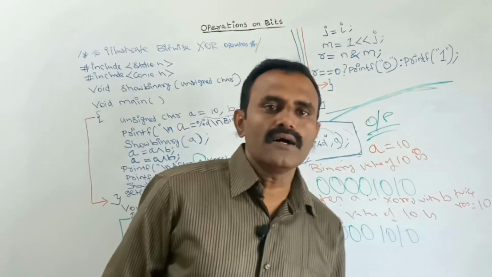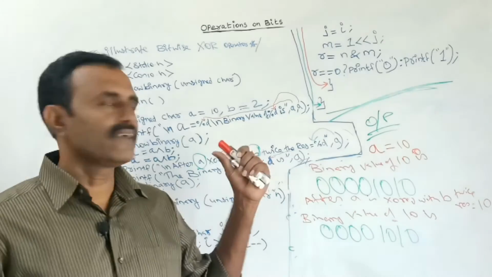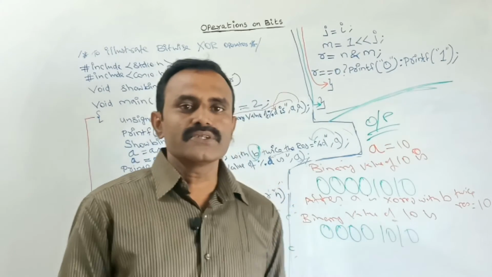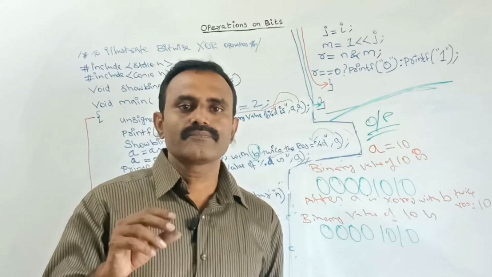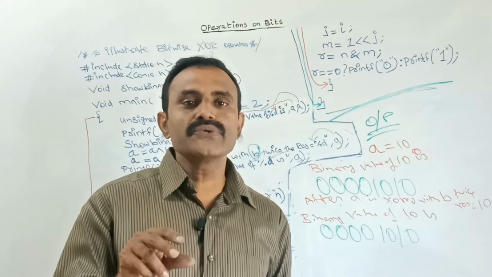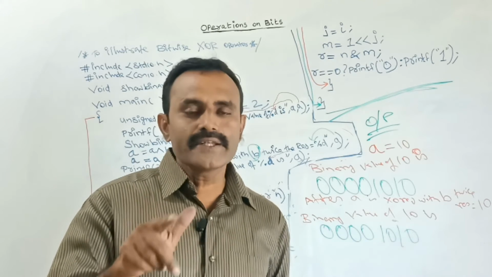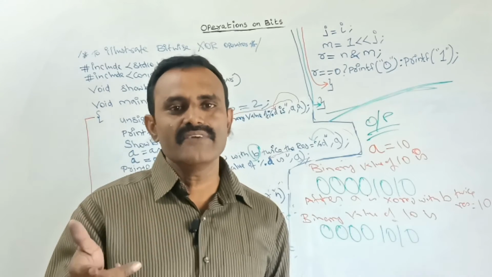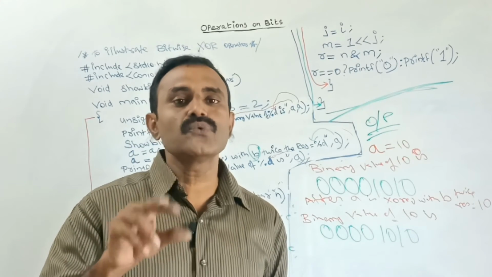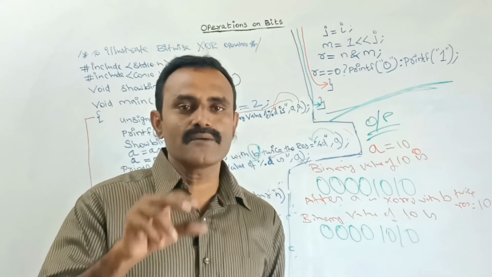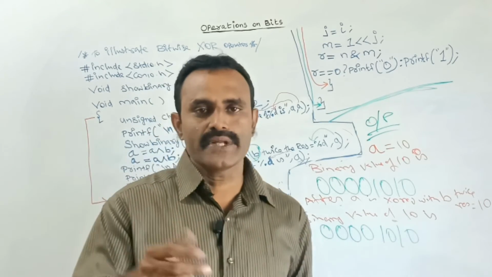See, for example, let us take this bitwise XOR operator. Suppose you want to swap two numbers without using a third number, without using a temporary variable. By the help of this bitwise XOR operator we can do the program.